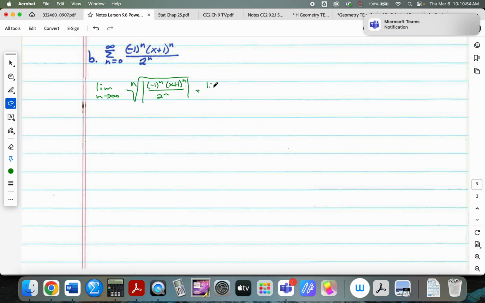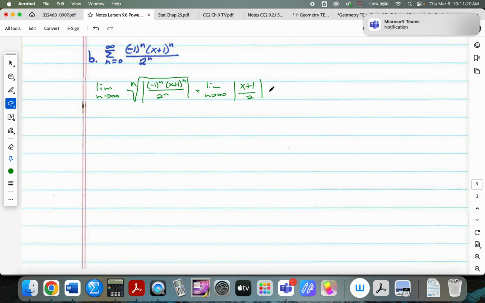which will be the limit as n goes to infinity of the negative 1 to the nth. We take the nth root, we get negative 1, but we take the absolute value, it goes away. Here we have x plus 1, and the denominator will have 2.